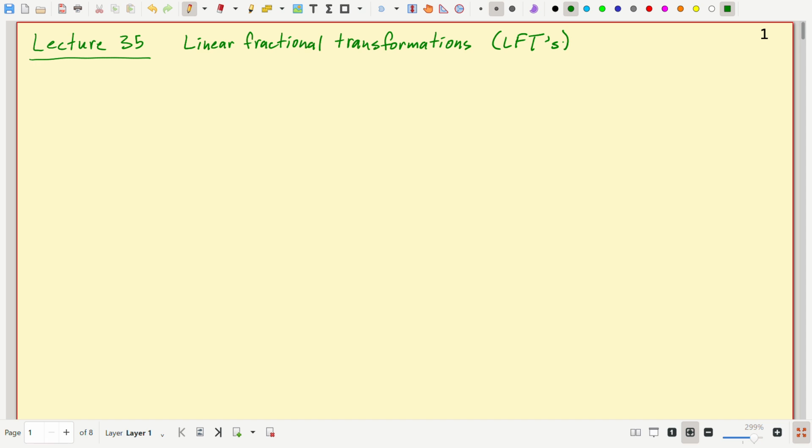They turn out to be very useful because they have properties about mapping lines and circles to lines and circles. So a linear fractional transformation is a mapping that's just a quotient of linear things. So az plus b over cz plus d.